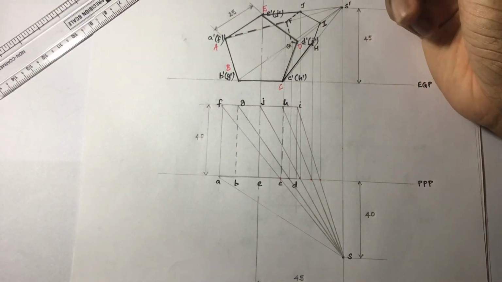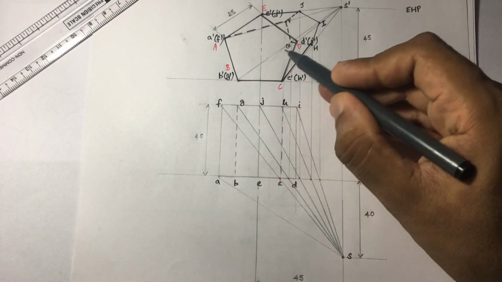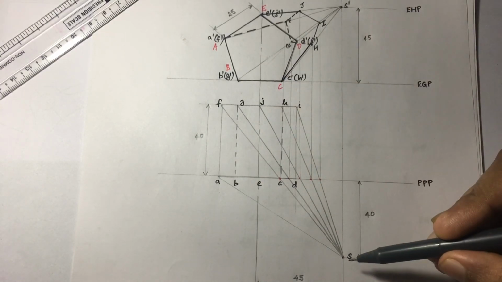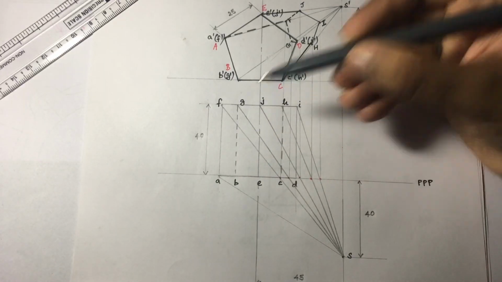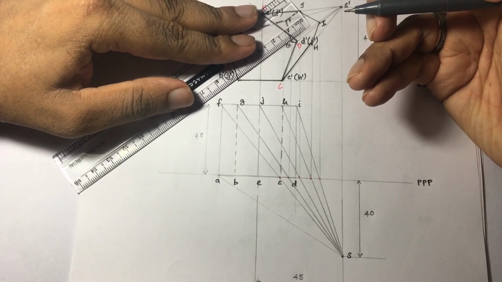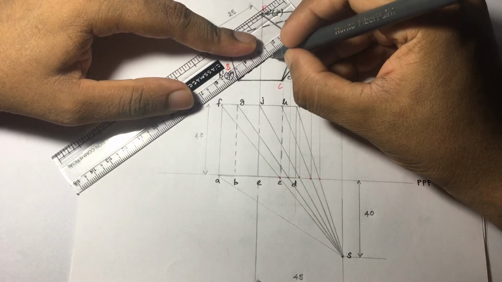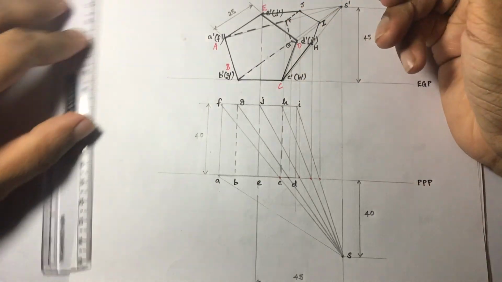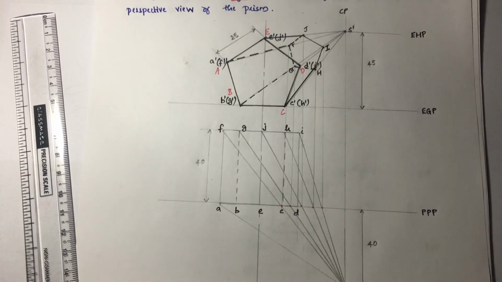Then the next edge that you are having is BG. This is BG line. So for an observer who is looking from here, BG is this line and you cannot see this line. Okay. So BG is also to be drawn by using dotted lines. So that completes the perspective view of a pentagonal prism, and this is how you are marking.